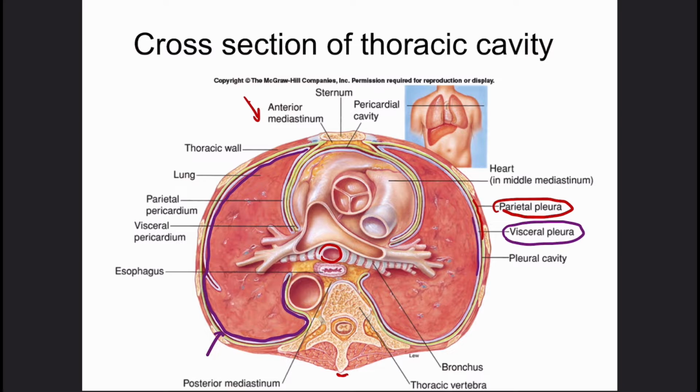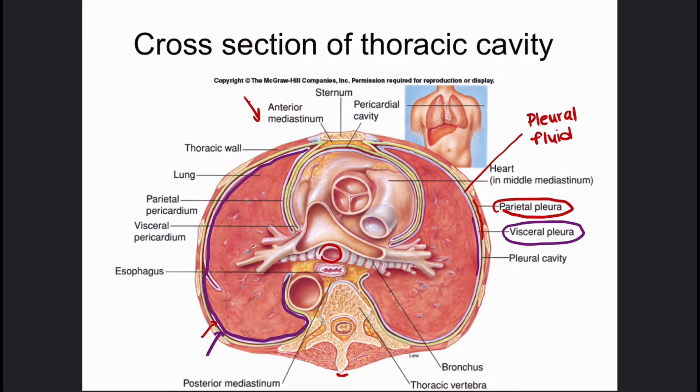And in between those two membranes is the pleural cavity, and you can see it's just a really thin gap. Within this pleural cavity, there's a thin layer of pleural fluid, and this is to reduce friction in the area, because our lungs are moving within the thoracic cavity.